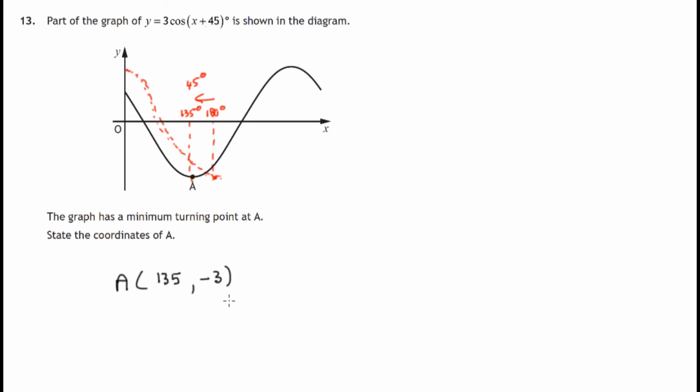So these are the coordinates of that minimum turning point: 135, because the cosine graph has moved 45 degrees to the left, because we're adding 45 to the x angle, and -3 because the amplitude of the graph is now 3, so its minimum value is -3. That's Mr. Carsey signing out. Hope you enjoyed the video.